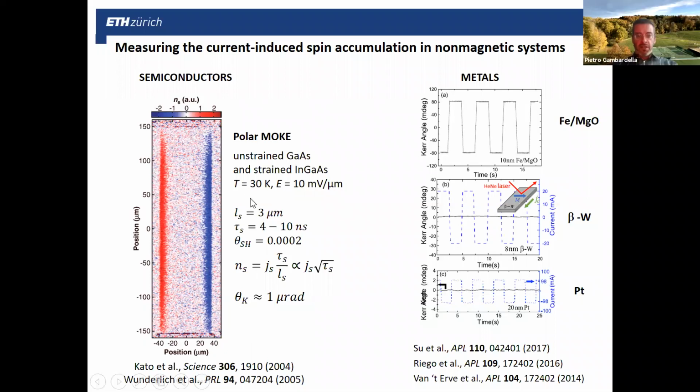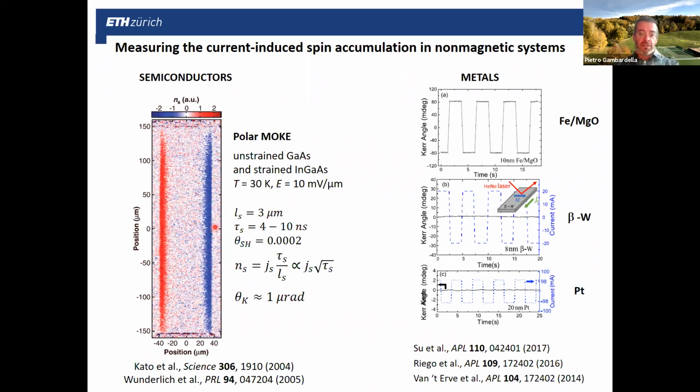And here, this is made possible by the fact that even though the spin Hall angle is smaller in gallium arsenide compared to a heavy metal, the spin accumulation length is larger. Okay. So order of magnitude, this is about 3 orders of magnitude larger.